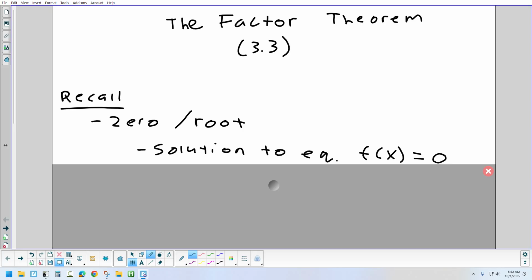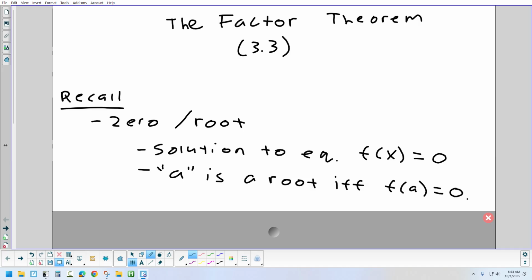So just a couple reminders of what zeros and roots are. Remember, those are numbers that if you plug them in for x, you will get 0 for y. You can call that number a root, or you can call it a 0. And you can write down a sentence, and you can word it two ways. You can have a sentence and what's called its converse.